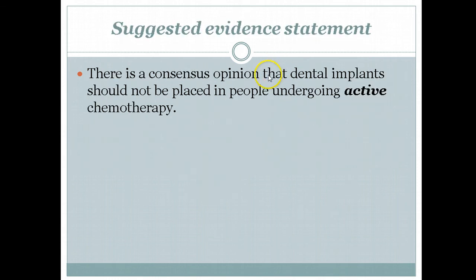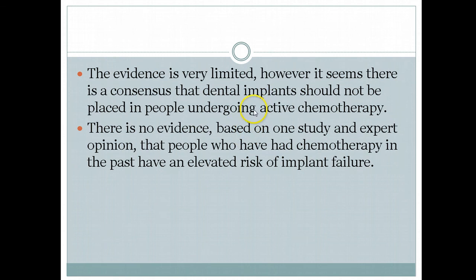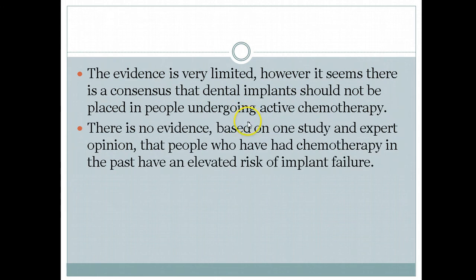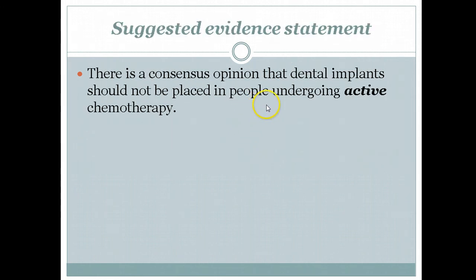Our suggestion is there is a consensus opinion that dental implants should not be placed in people undergoing active chemotherapy, even though we talked about patients that were active, there's not much to be found. Our personal recommendation is that for patients who are active, maybe we should avoid it due to the metabolism during the chemotherapy, or even in some cases their overall health and recovery.